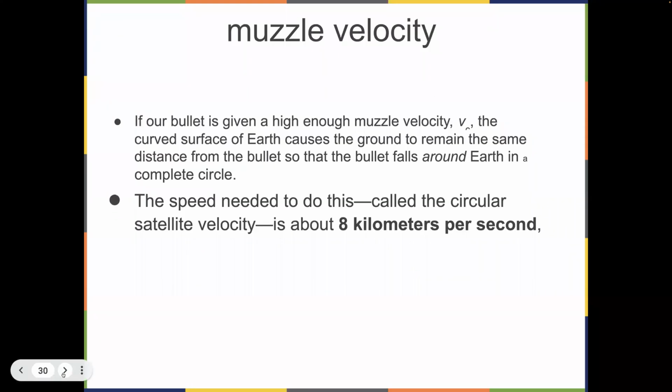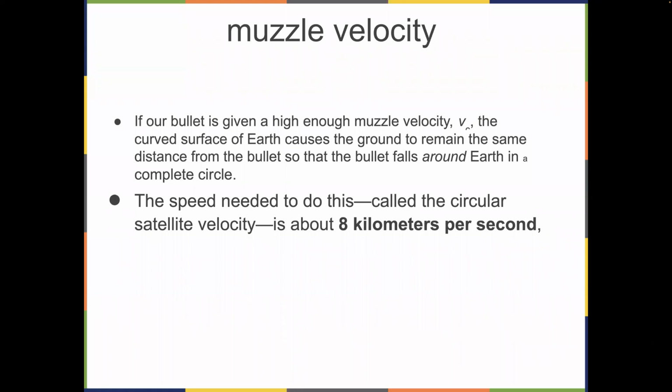And let's see what that speed is. Now I have mentioned here, if our bullet is given a high enough muzzle velocity, and this is called muzzle velocity, by the way, this is VC, the curved surface of the Earth causes the ground to remain the same distance from the bullet so that the bullet falls around the Earth in a complete circle, right?